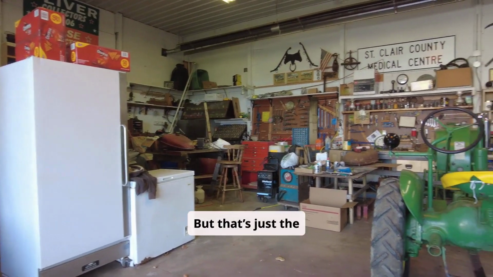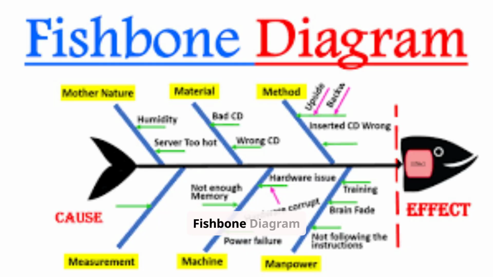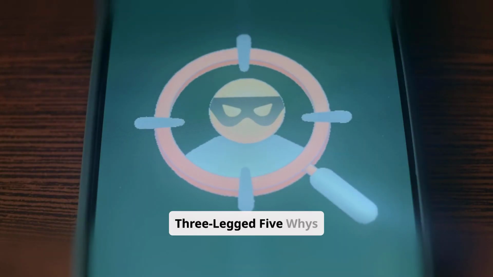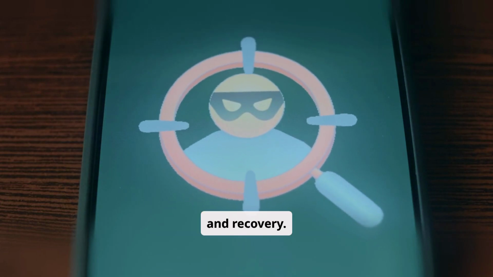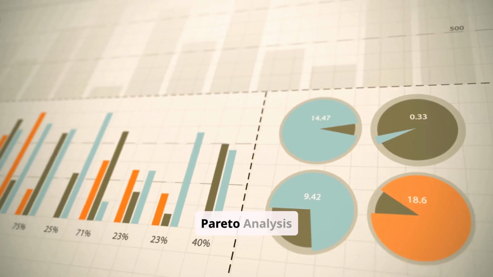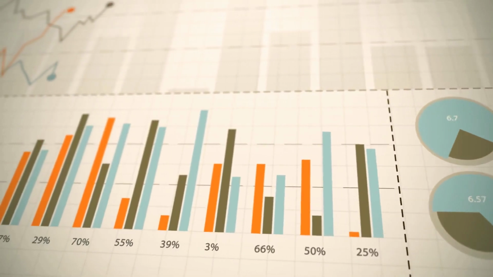But that's just the beginning. Try these tools too. Fishbone Diagram, Ishikawa, helps you visualize categories of potential causes. 3-legged 5 whys explores causes across prevention, detection, and recovery. Pareto analysis helps prioritize the biggest contributing factors.